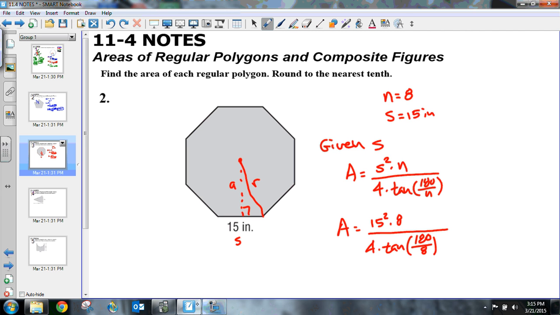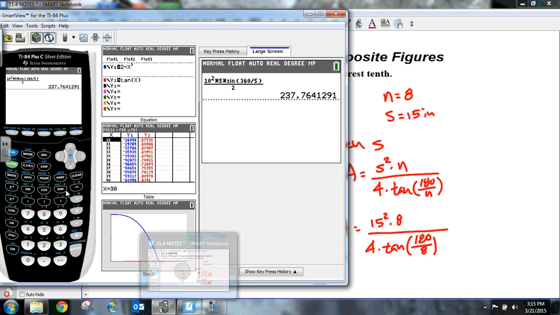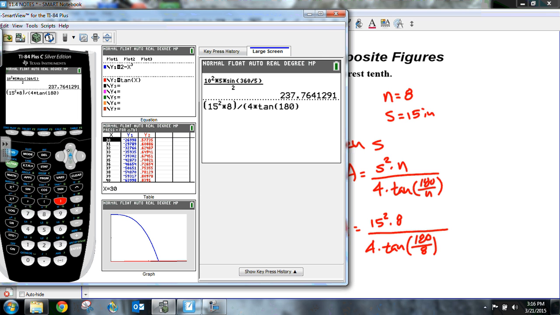So if I go to my calculator, I'll do it the other way. I'll do it using parentheses. I'm going to do parentheses, 15 squared times 8, close my parenthesis. This is my numerator. Now I'm going to divide that by my entire denominator, so I've got to put parentheses around that, and I'm going to do 4 times tangent of 180 divided by 8, close my parenthesis for tangent, and then close my parenthesis for the denominator.